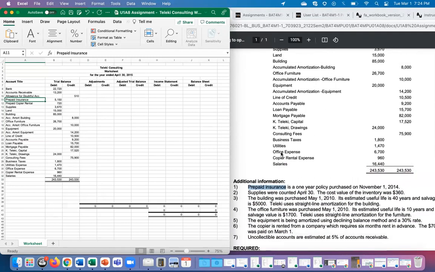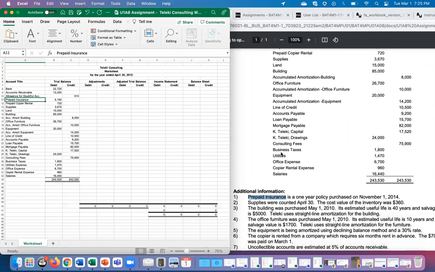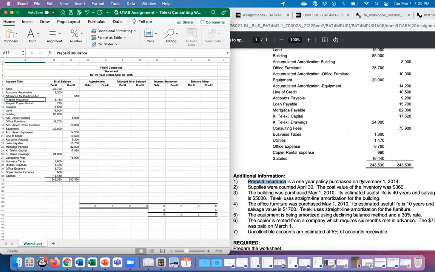So we have to figure out how many months have elapsed since then. November 1st is when we bought the 1-year policy. So November, December, January, February, March, and then April. If you're counting along with me, that's 6 months.